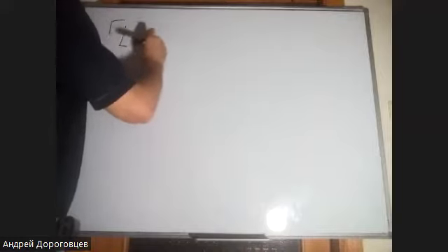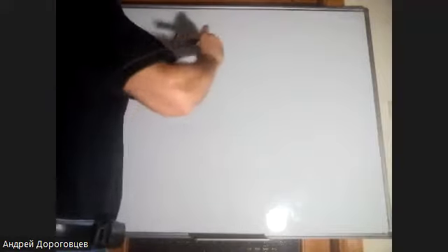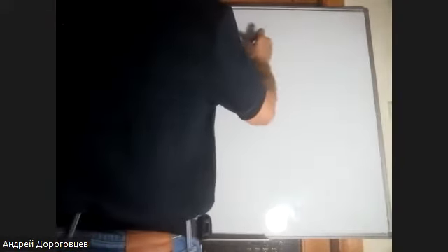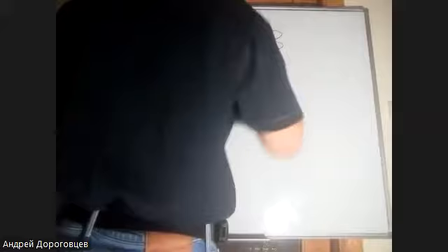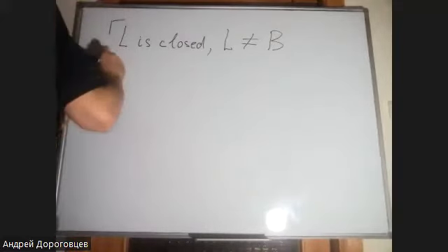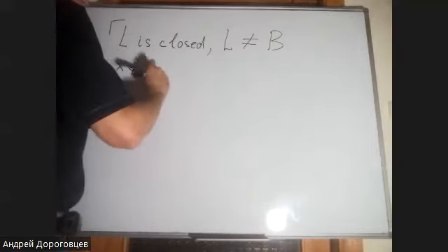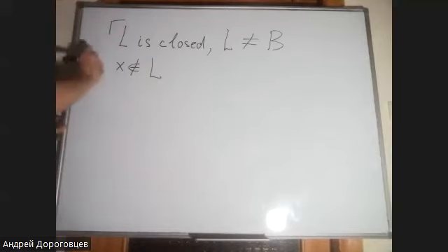Suppose that we have our space L, and due to the fact that L is closed and L is not equal to the whole space, I can find an element x which does not belong to L. Yeah, there exists such x.